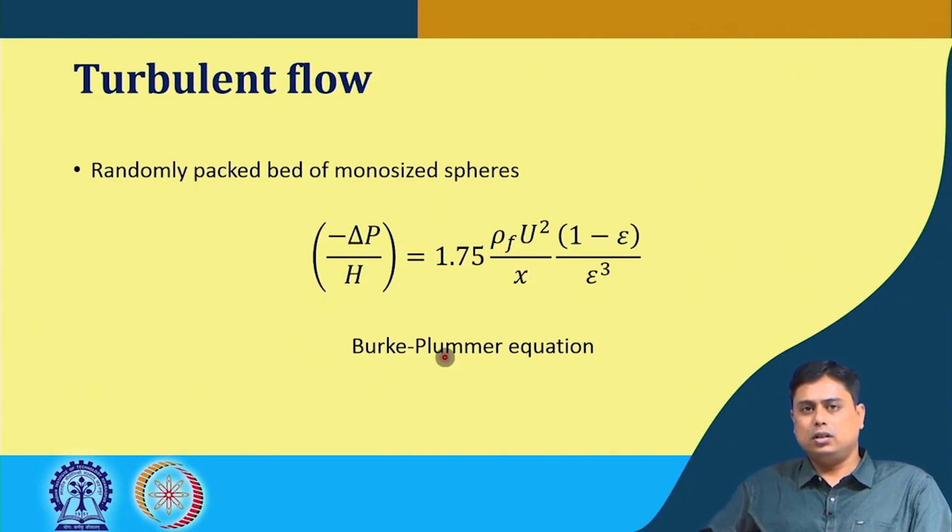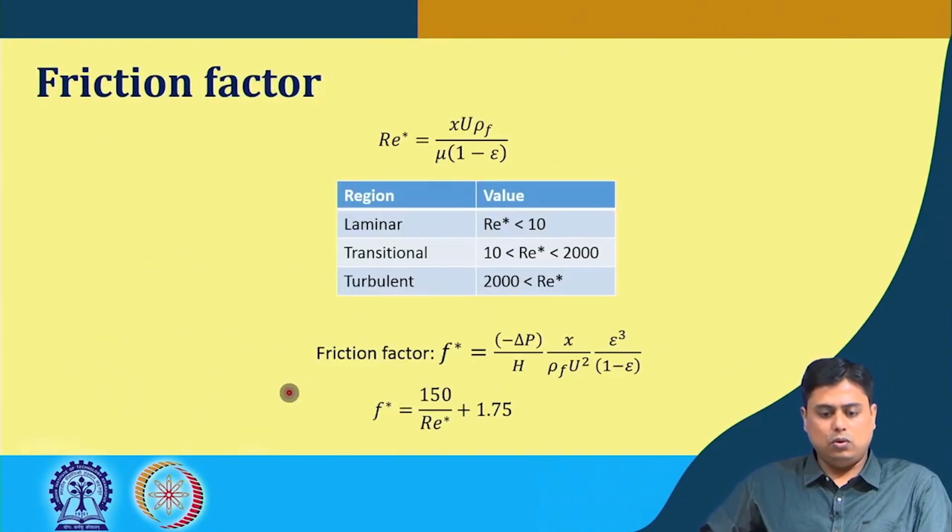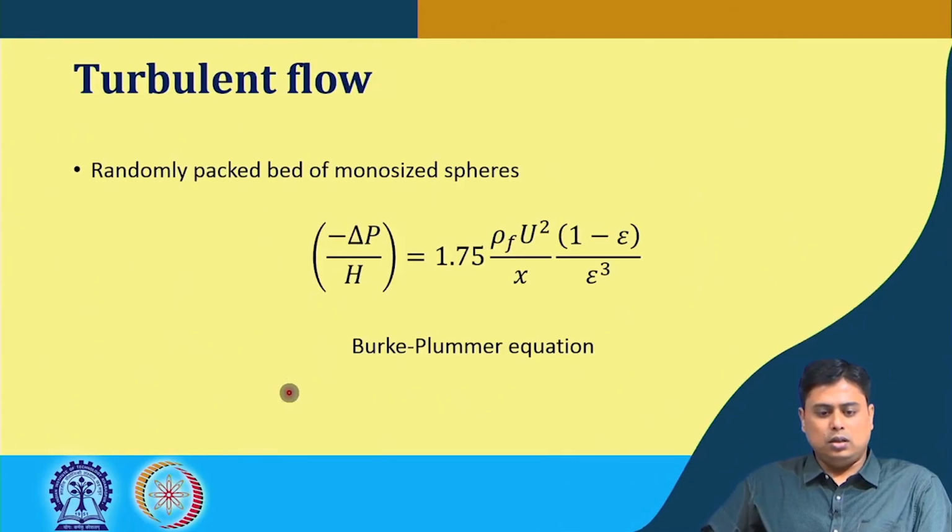This expression is named after other scientists, which is the Burke-Plummer equation. Like we mentioned Kozeny-Carman by two scientists, Kozeny and Carman, here we have Burke and Plummer.